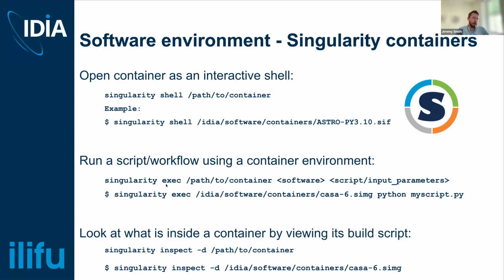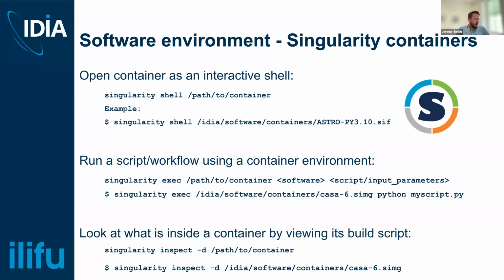So in this example, I'm running singularity exec. I'm pointing to the CASA 6 container that's located in the idea mount in the software containers folder. Inside CASA 6, it's now Python-based, so we're running Python, and I'm passing in my script.py as an example of running a container.